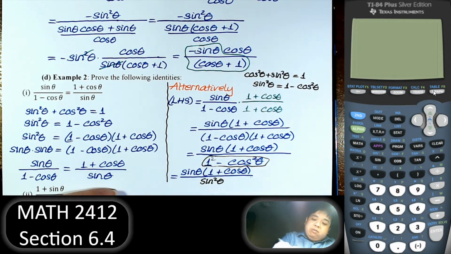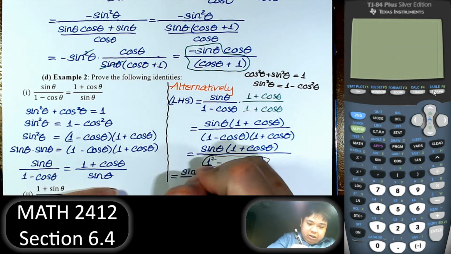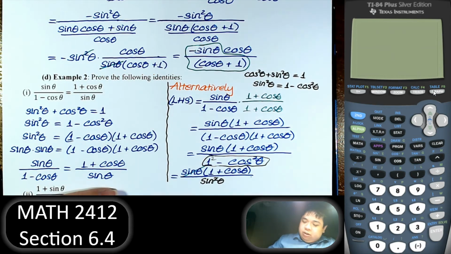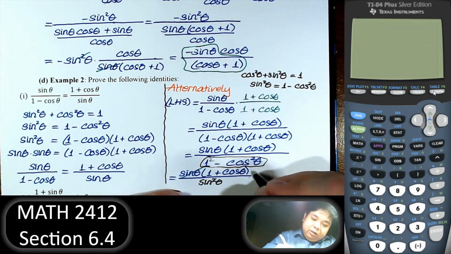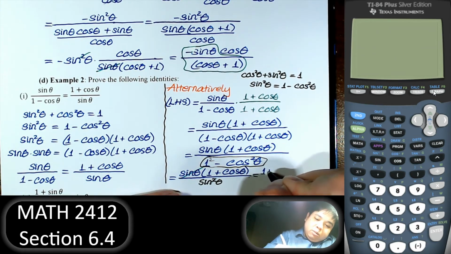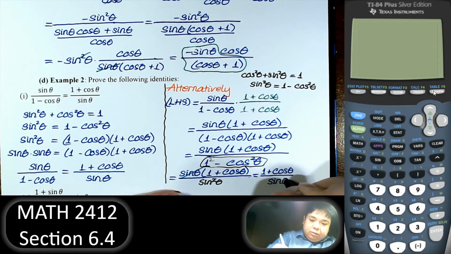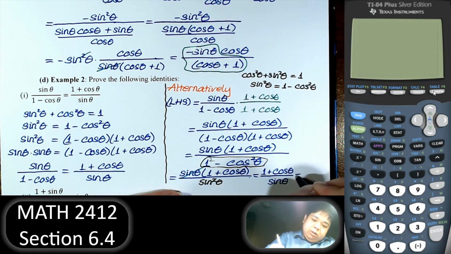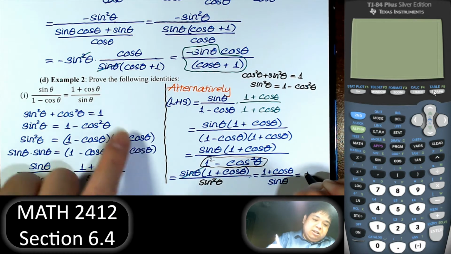And cancel one of the sines on the top with one at the bottom. We end up with 1 plus cosine of theta over sine of theta. And that is equal to the right hand side.